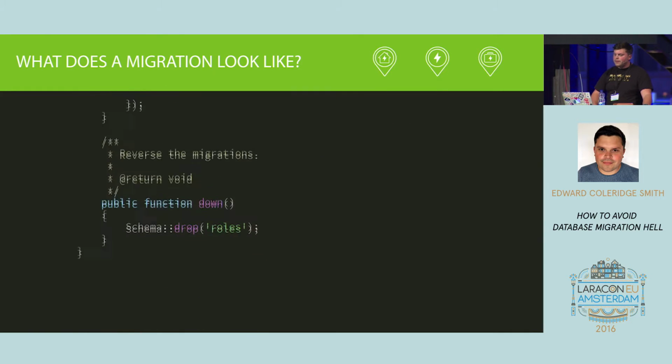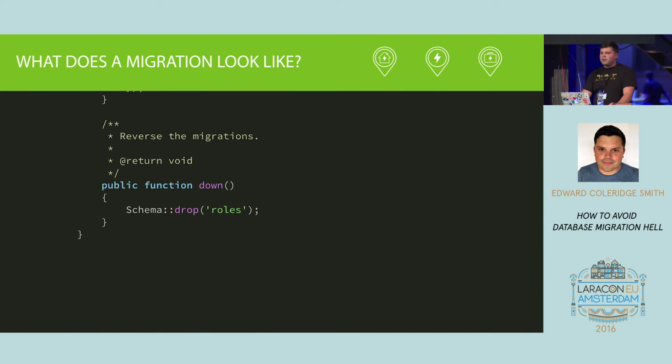And then we have a down method, which is run when the migration is reversed, if you need to do that. And it's really important to fill in the down method with the exact opposite of what you've just done previously. So in this case, it's just schema drop, which we'll go into in a bit more detail in a second. But you always want to make your migrations reversible.